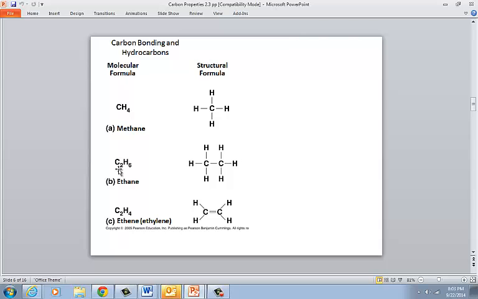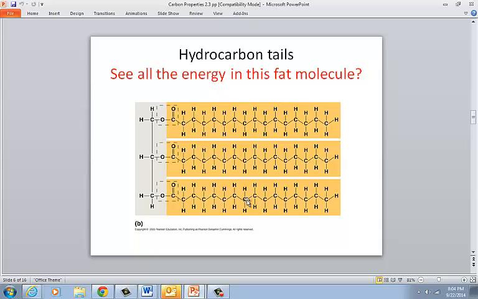Then we add another carbon and some more hydrogens here. Now we have carbon bonded with another carbon, where here carbon is bonded with hydrogen. And then we can have ethylene, which still has two carbons, but now it's double bonded. Isn't that cute? I like the double bond stuff.